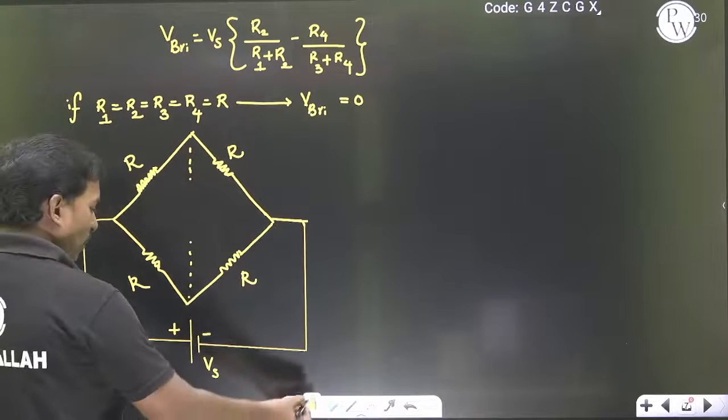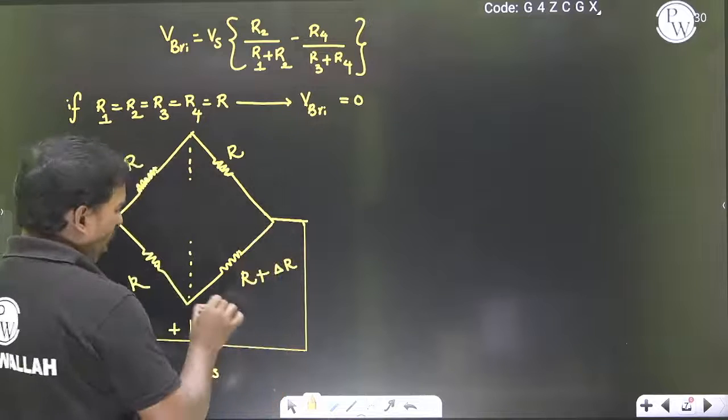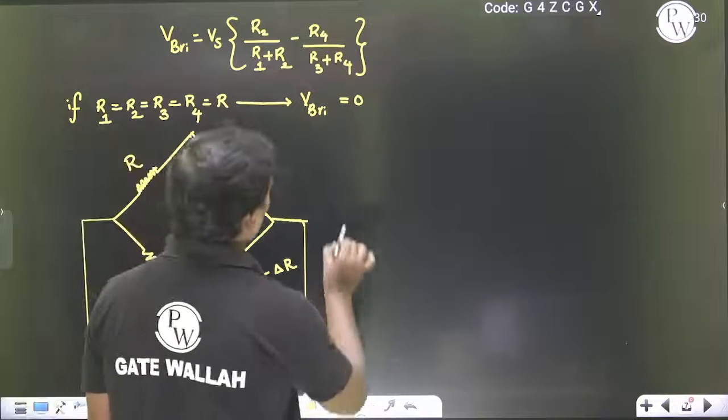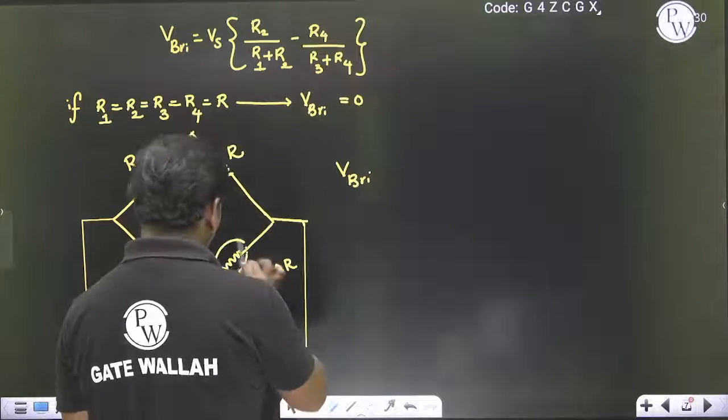Now if one of the resistances is changing by delta R, if R4 is changing by delta R, what happens to V bridge? Suppose this is a variable resistor.